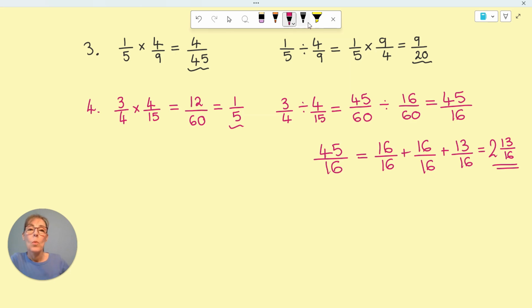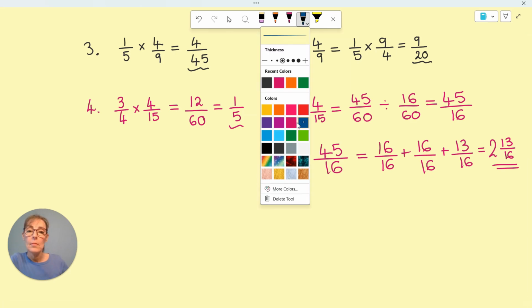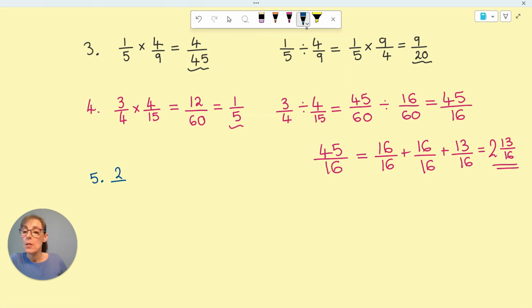Yes. And one more. 2/7 multiplied by 2/5 is equal to top times top, 2 times 2 is 4, bottom times bottom, 7 times 5 is 35.